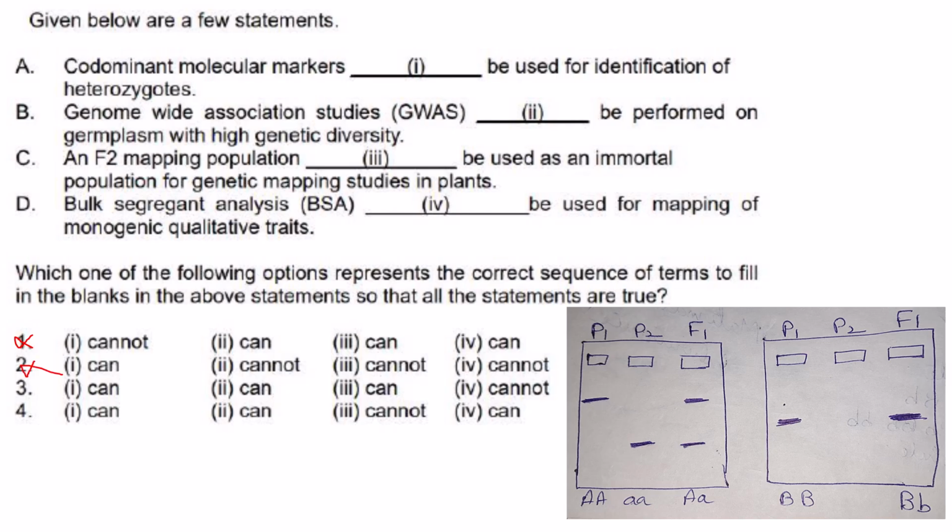Then comes the next one, that is F2 population dash be used as an immortal population for genetic mapping studies in plants. Now what is F2 population? Here you take two different parental lines, that is if they are differing in disease resistance, or in fruit size, etc. You take those two parents, you cross them, and you produce the F1 generation.